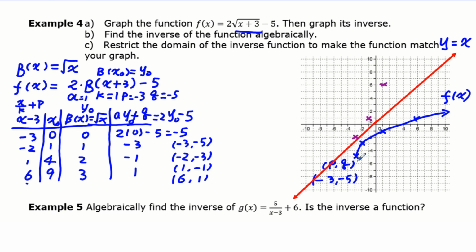Then we connect those points. This one is -5, -3. So this is the starting point. So this is the inverse of the function.